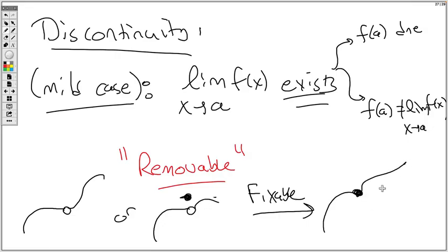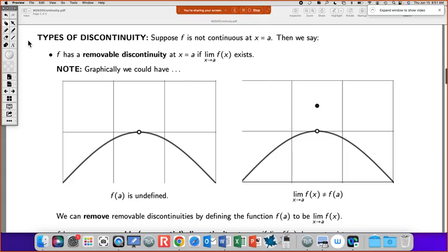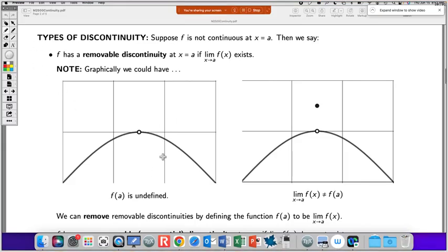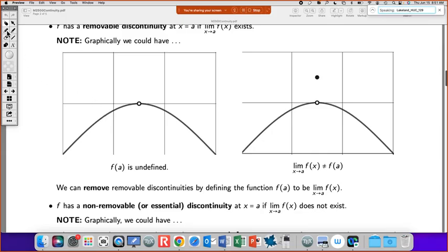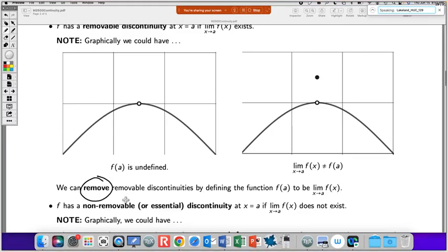That's removable discontinuity. The limit exists. Either the function doesn't exist or the function's in the wrong place. So we can remove the removable discontinuity by defining the function to be the same as the limit value.